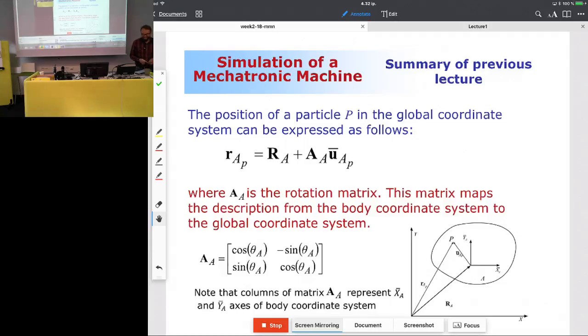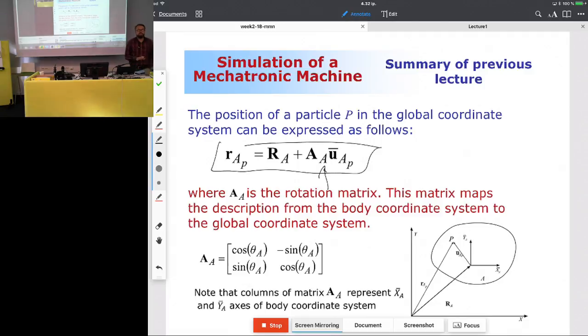Okay? All right? So now this is an equation we will use over and over again, like I already explained to you. This is a particular component that we're interested in. It's a 2x2 matrix that describes mapping between the body reference coordinate system and the global coordinate system.